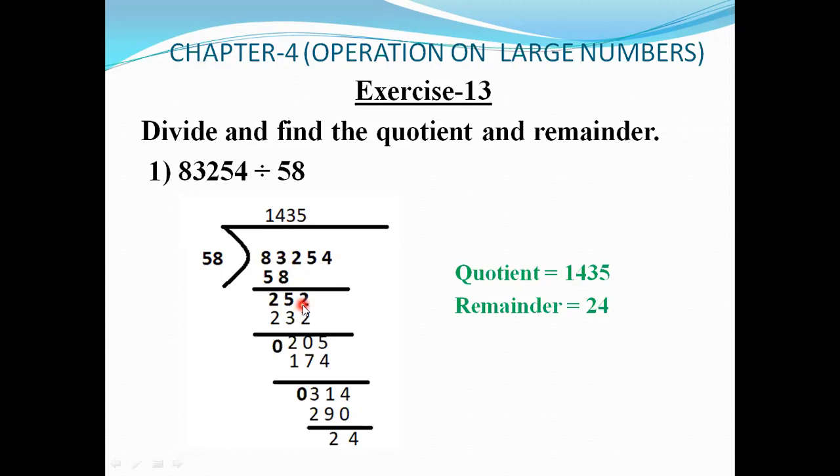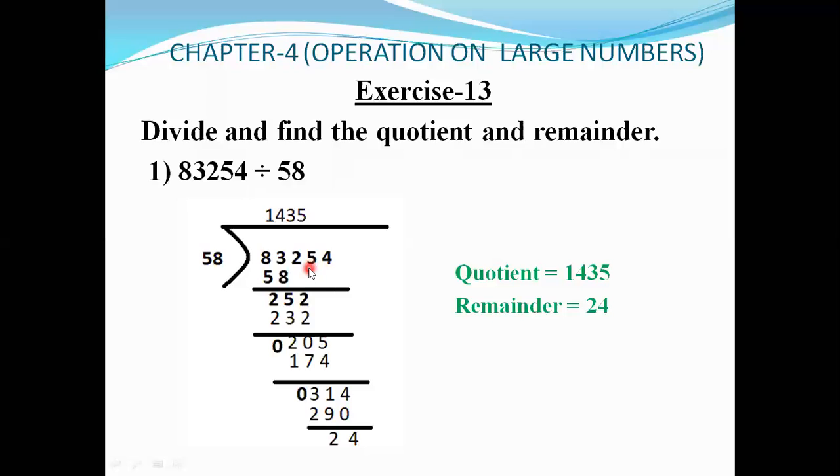Now we bring down 2 from the next number after 3. When we divide 58 into 252, we get 4 times, and here is 232, and the number left is 2. Minus: 2 minus 2 is 0, 5 minus 3 is 2, 2 minus 2 is 0.